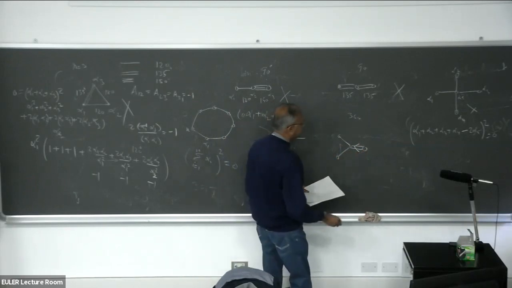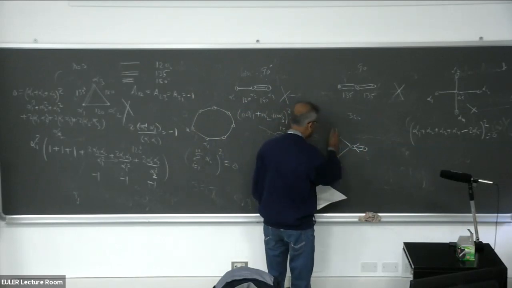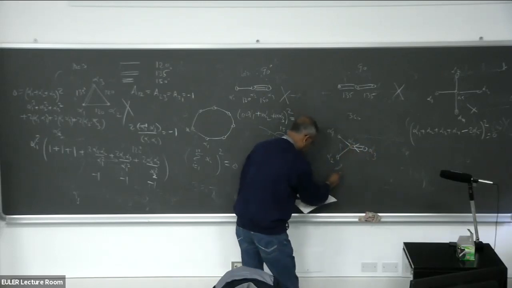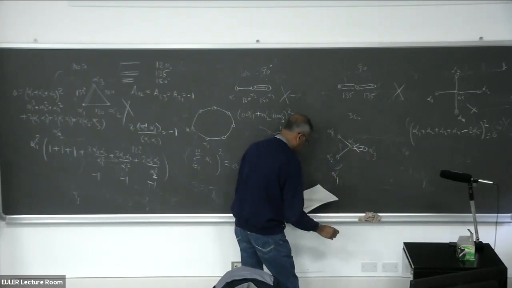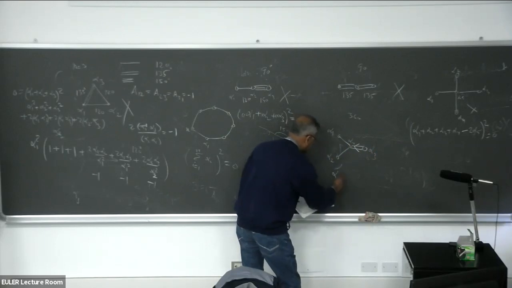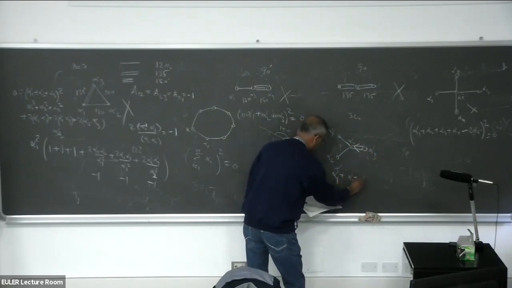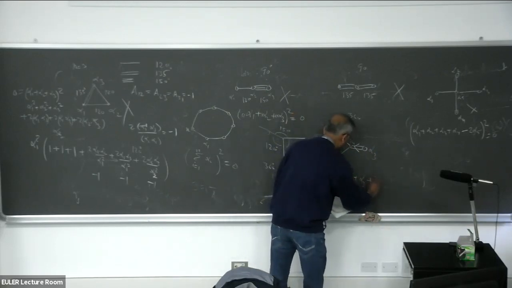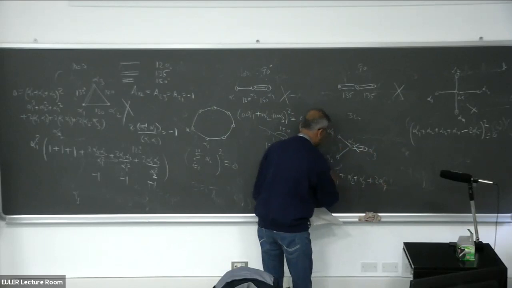Then it seems again, if you take alpha, call it alpha 1, alpha 2, alpha 3, alpha 4, then it seems to me that alpha 1 plus alpha 2 plus alpha 3 plus 2 alpha 4, this square is 0.